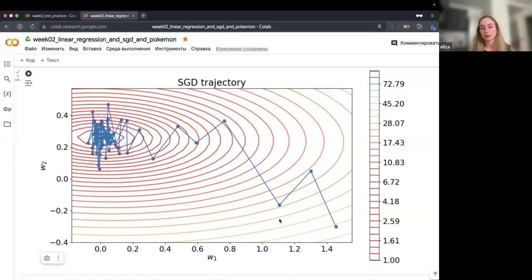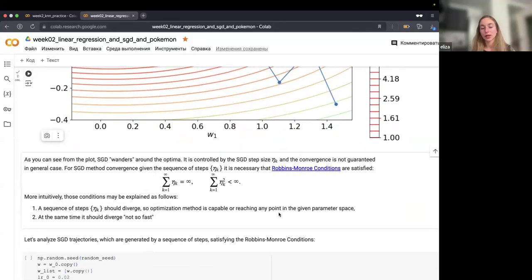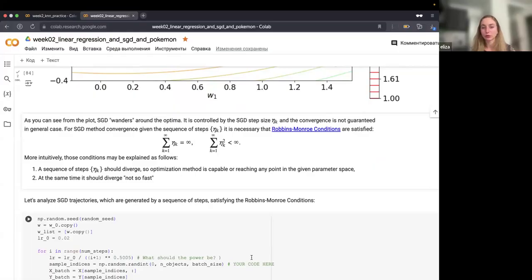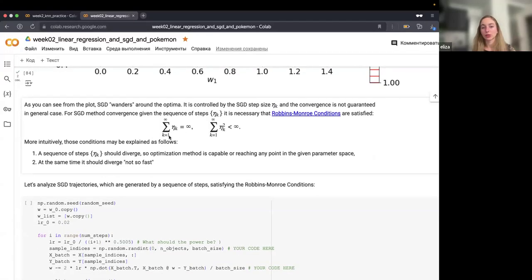For this reason, we need to use some rules for choosing the step size when you are training your model. These rules are called Robbins-Monro conditions.